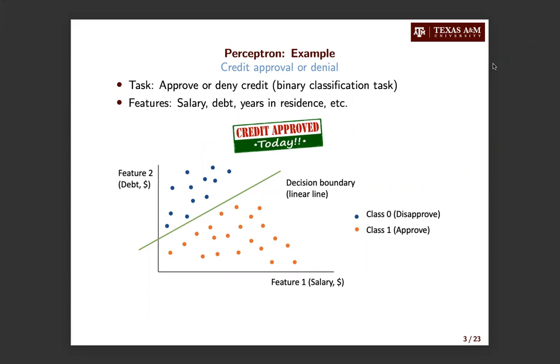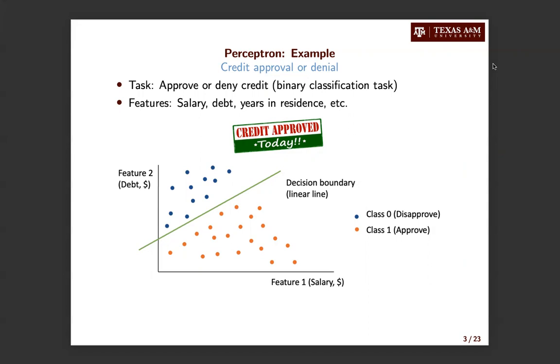What the linear perceptron does is that it tries to solve this binary classification task by drawing a line if we have a two-dimensional space, or a hyperplane in the case of more dimensions. And it tries to draw this hyperplane in such a way that as many samples as possible from one class go on one side of the hyperplane, and as many samples as possible from the other class go to the other side of the hyperplane.